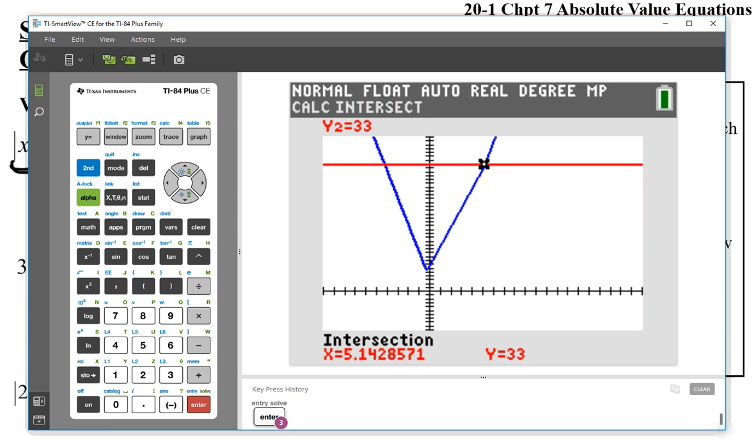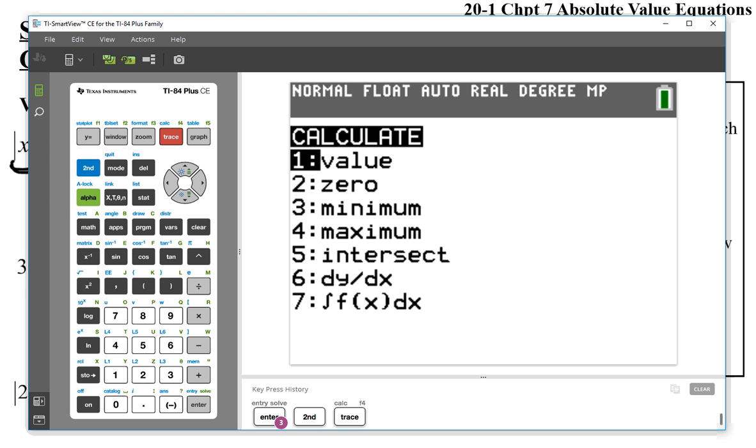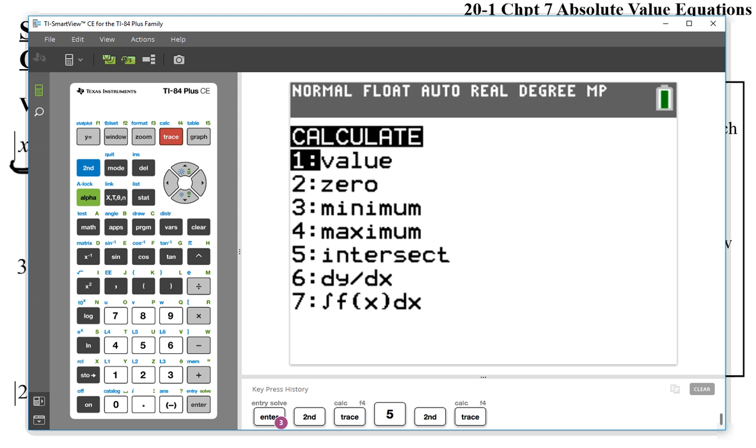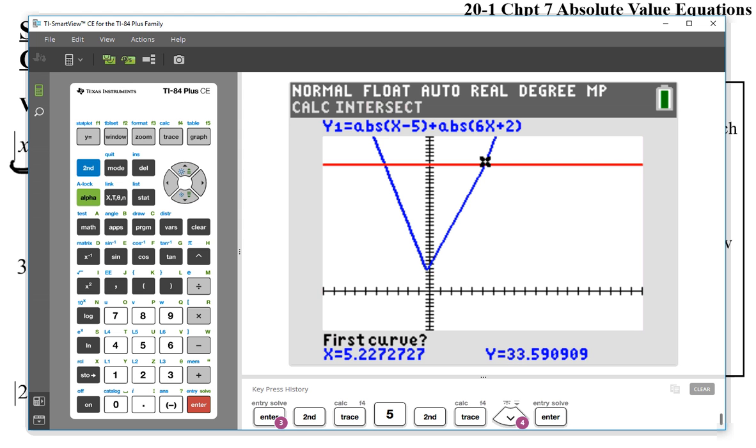5.14. We need to get the second intersect point, though. So second trace, 5. Again, second trace, going to the intersect. Now we have to scroll to get there. I think there is a trick to get there quicker, but I forget what it is, to be honest with you. So we're on the first graph, and now we're on the second graph.